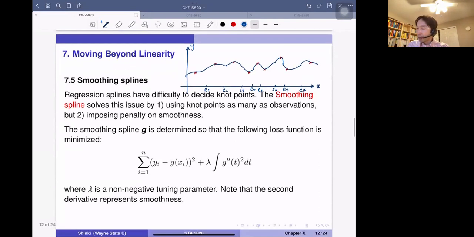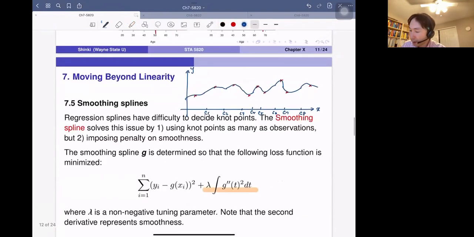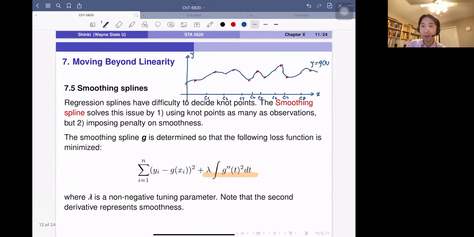But instead of allowing as many knot points as possible, we also penalize the G double prime of t. G is the fitted curve. So we penalize too much variation in G. If G is a very complicated curve, we penalize it.